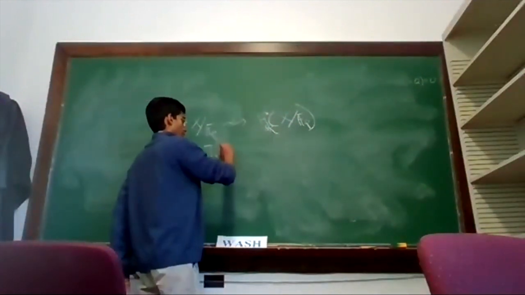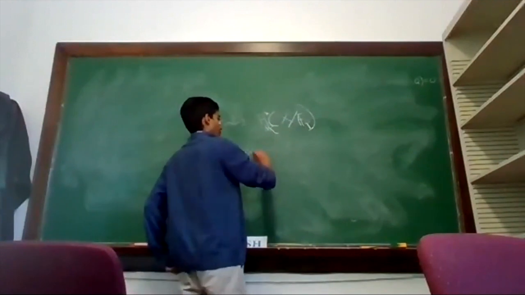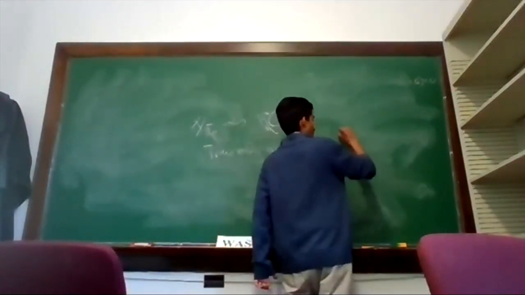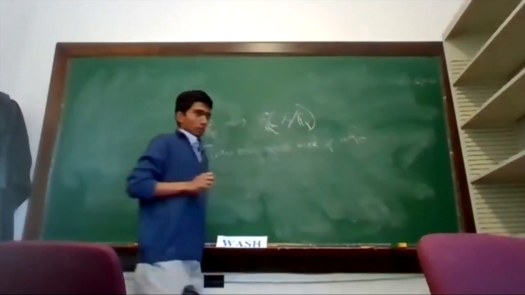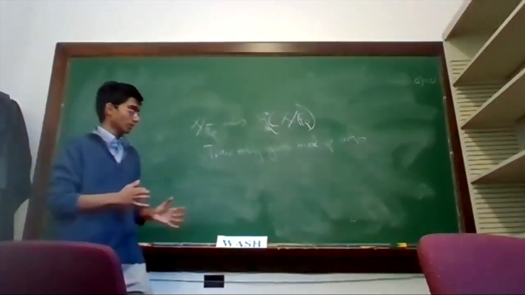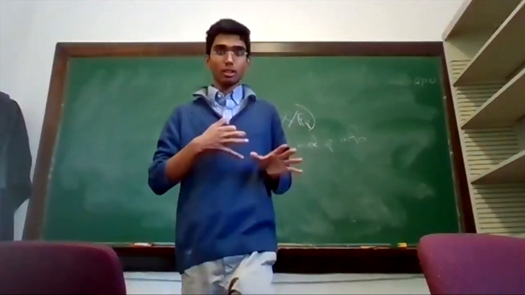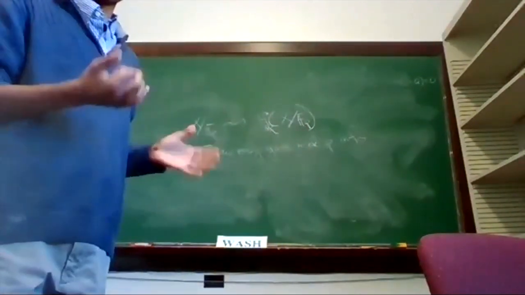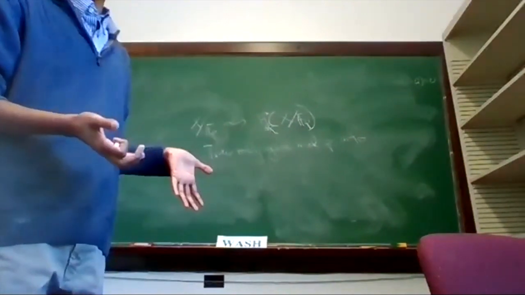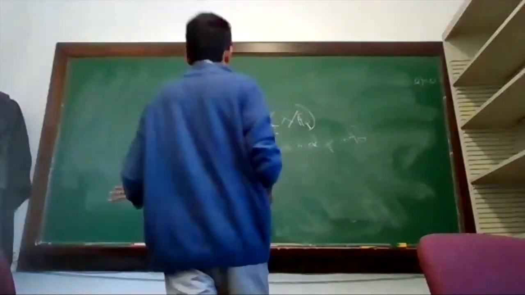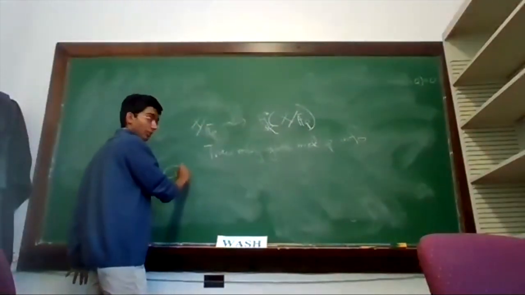So trace only gives mod p information. This is one of the reasons a more refined theory called crystalline cohomology was invented.